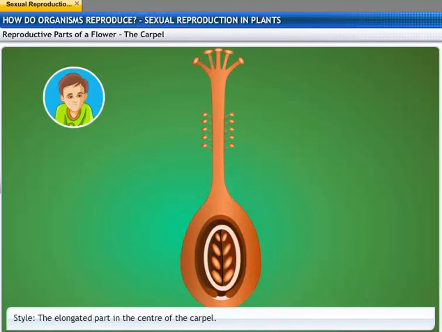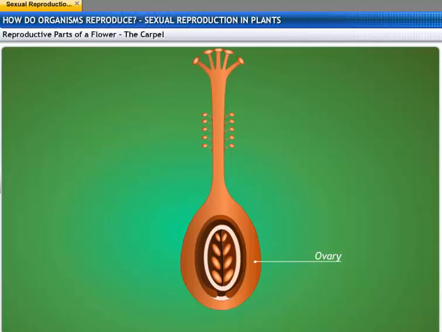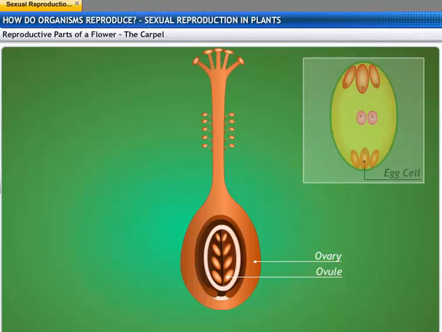So the middle elongated part of the carpel is the style, and this swollen part at the bottom is the ovary? Yes, you got it. Now let's look at the ovary.